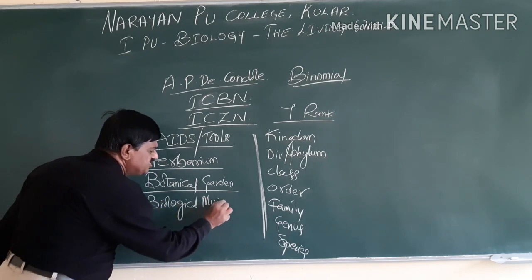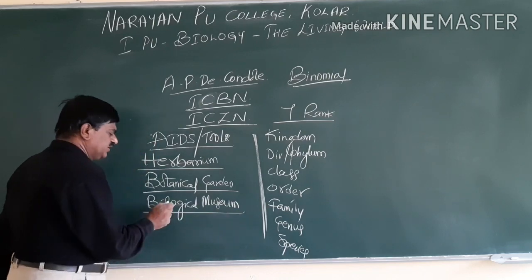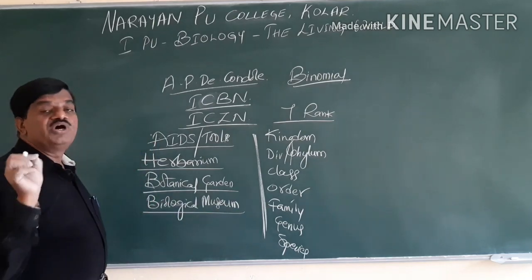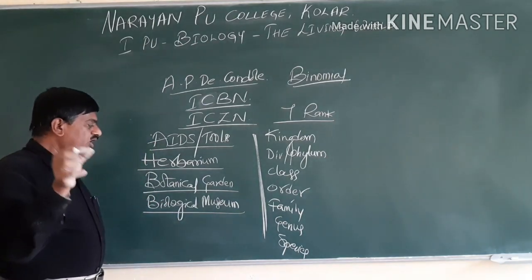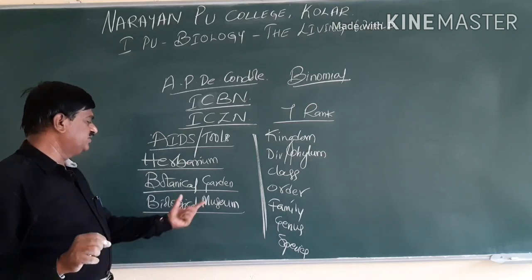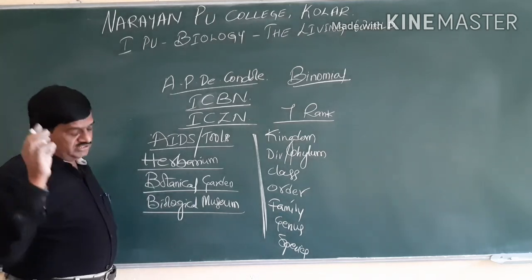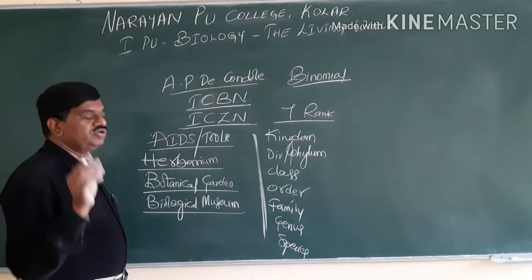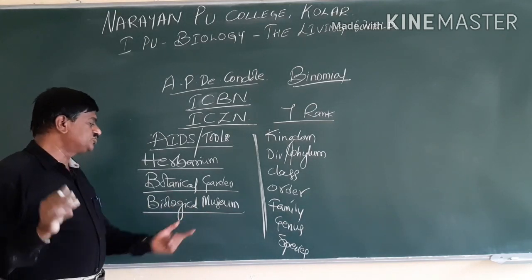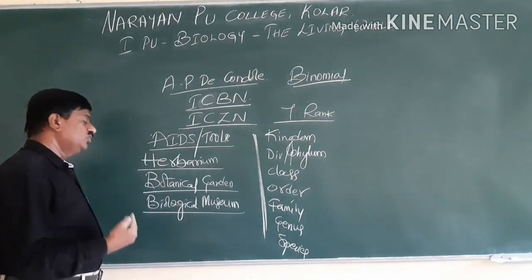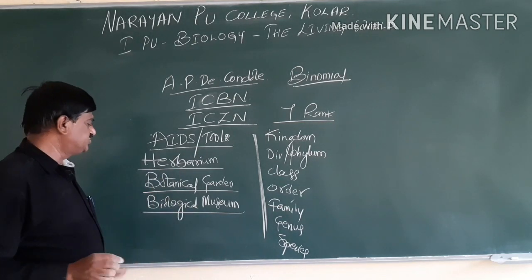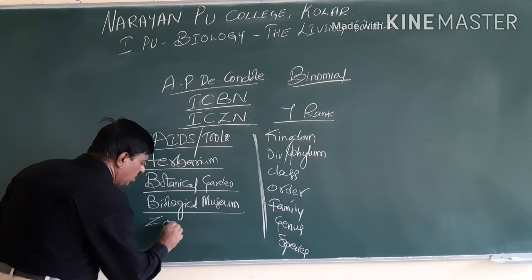In a biological museum, the original plant or animal specimens are preserved in bottles with formaldehyde. Used in college or school museums, it is required for research work or further study.